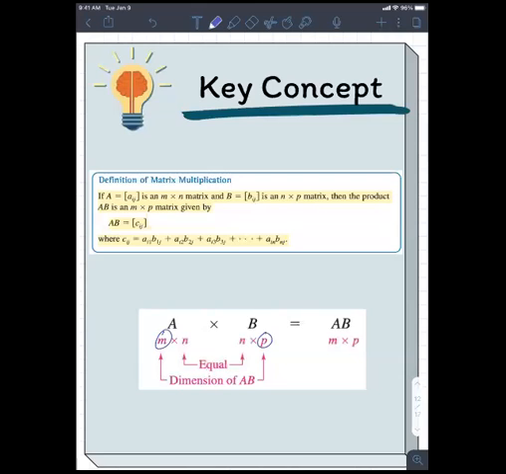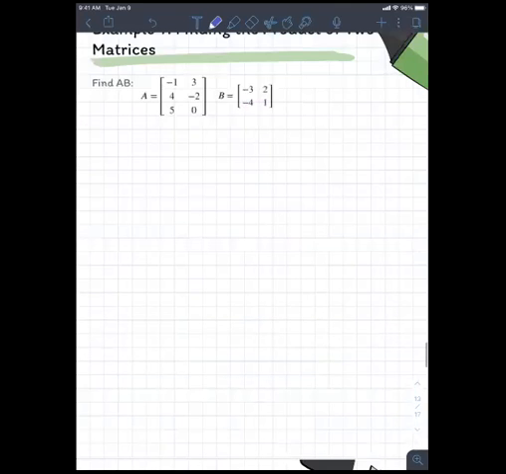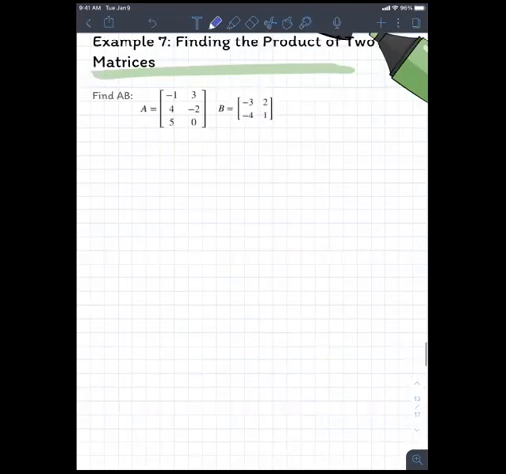All right, are you ready to try it? You guys look a little iffy. So very first one, we have matrices A and B, and we want to multiply them together. I'll give you some time to write it down.